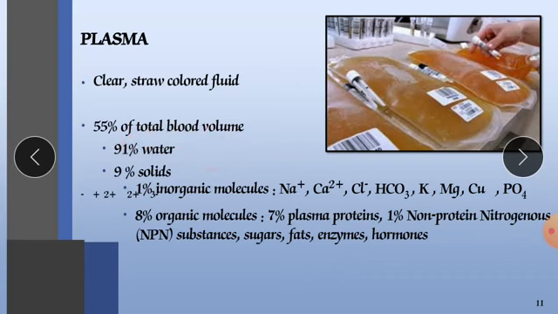If you look at it, 91% is water and 9% is solid. This water is the liquid portion of our blood, and its function is to work as a solvent and suspending medium, and it absorbs, transports, and releases heat.